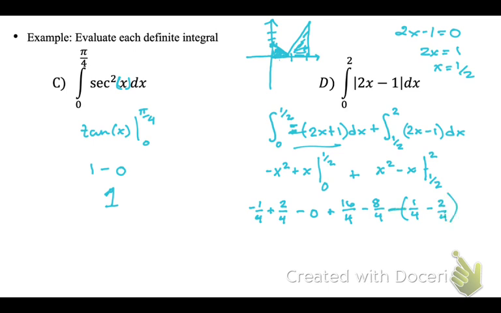So I distribute the negative and that makes it positive. So I've got to go down the line. So I have 1/4, 17/4, 9/4, 8/4, 10/4, or 5 halves, or 5/2.